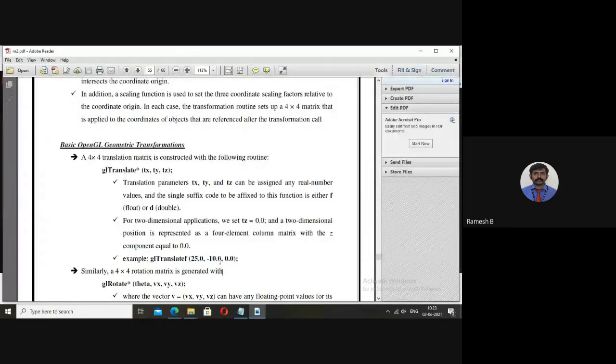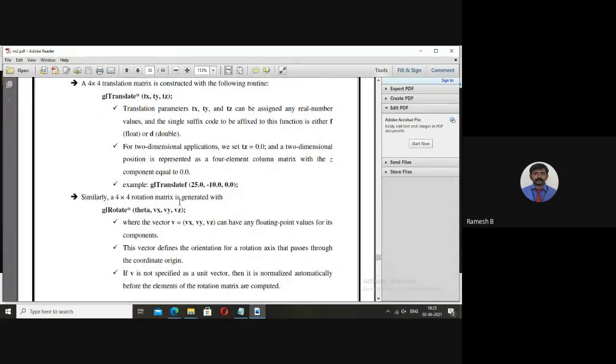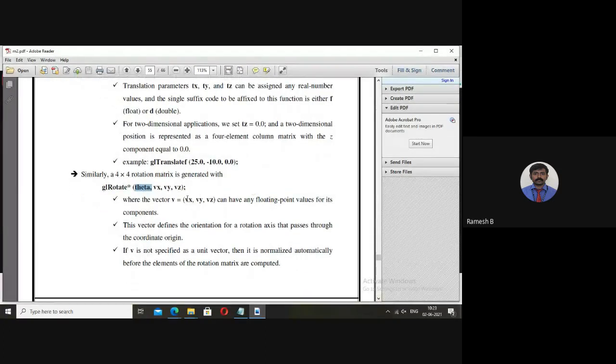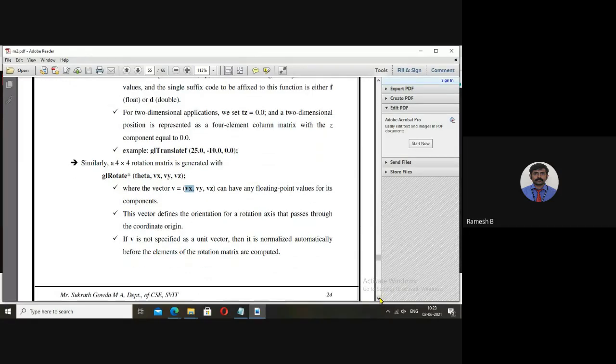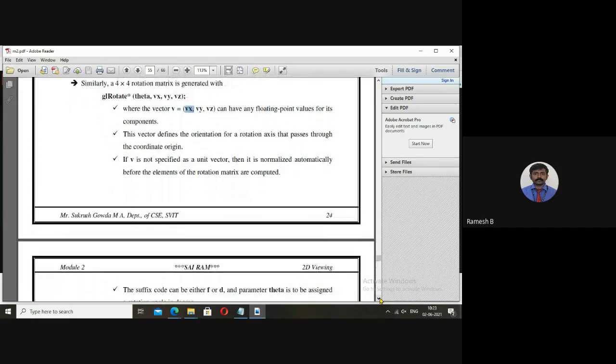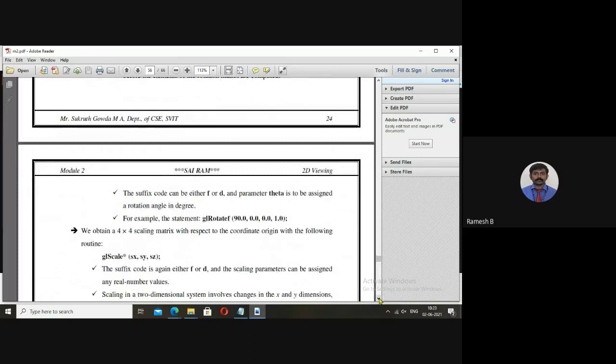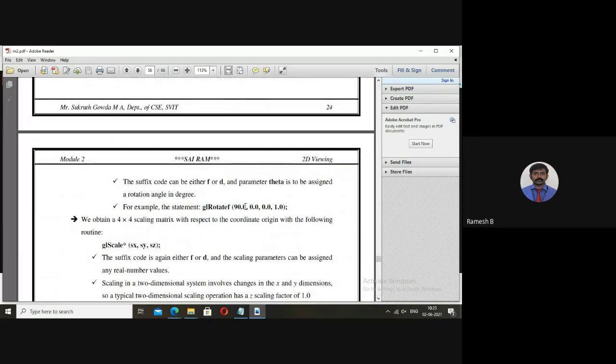Similarly, for rotation it gives a function gl rotate, where we need to mention the theta value, or we may mention the vector. v stands for vector. Vector is nothing but an array of values or matrix. Here vector means it is matrix. Now again you see here we are rotating some object 90 degrees.